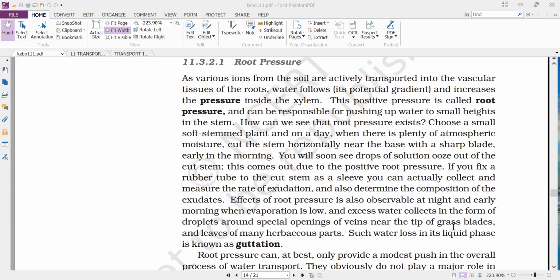Loss of water from the plant in the form of water vapor through the openings present in the plant, we call transpiration. But when the moisture content in the atmosphere is very high, the plant cannot lose water by transpiration.